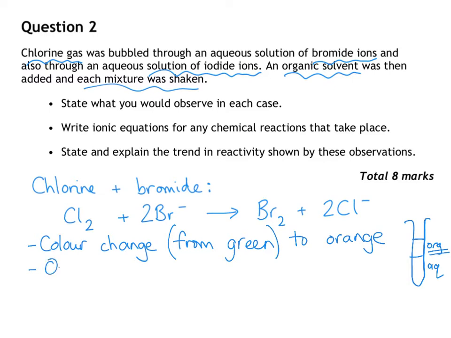And so the organic layer in this case will turn orange. Most of the bromine will go from the water to the organic layer. I think AQA doesn't actually require knowledge of adding organic solvents to halogens, so in that case you would just stick with the ionic equations, the colour changes, and the trend in reactivity that we're going to talk about in a moment.